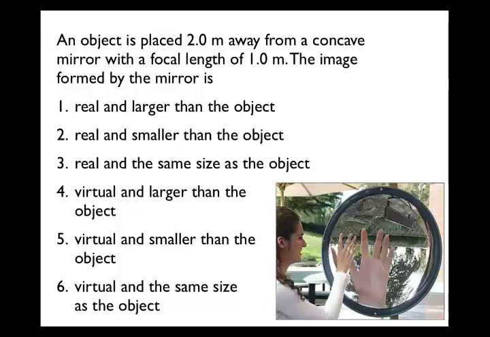So in this case, where the object is further away than the focal length, right away, because I've been doing this for 20 years, I expected that the image formed by the mirror would be real. Given that we worked out that the image distance would be 2 meters and the object distance would be 2 meters, the ratio of image to object distance is going to be 1, and that means that the image is going to be the same size as the object that formed it.